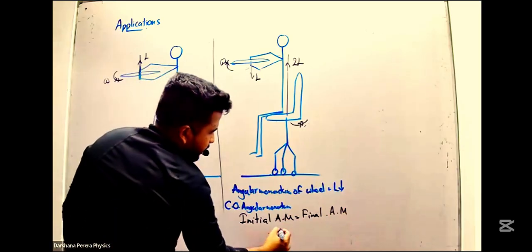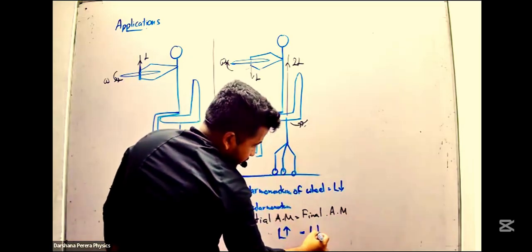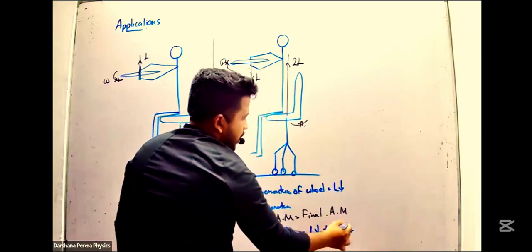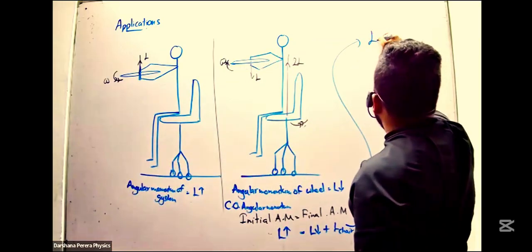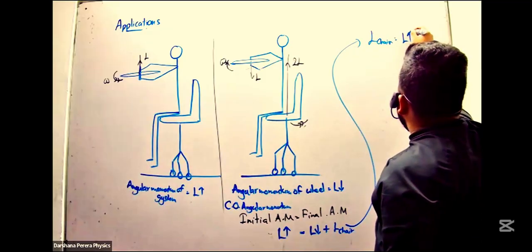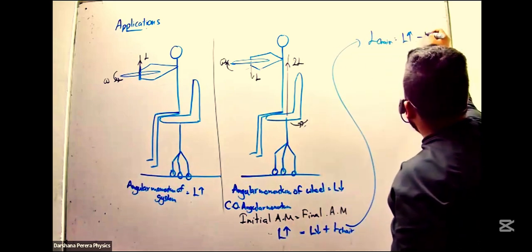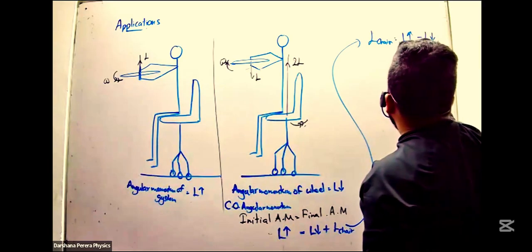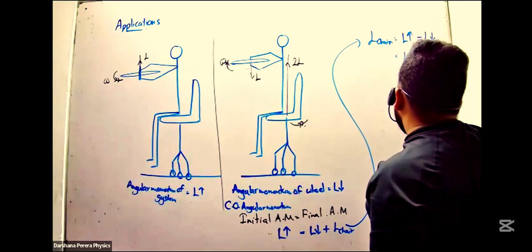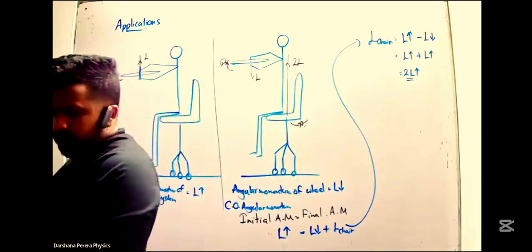Initial angular momentum is L upwards, final angular momentum is L downwards, and L chair. L chair equals L upwards plus L upwards, because the wheel's L is in the downward direction. Therefore, L chair is 2L upwards, right?